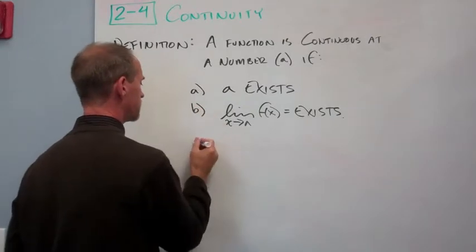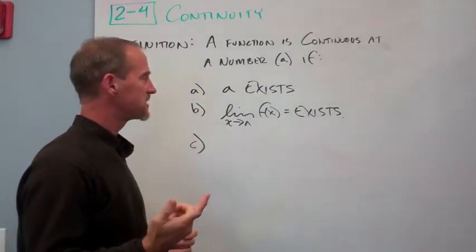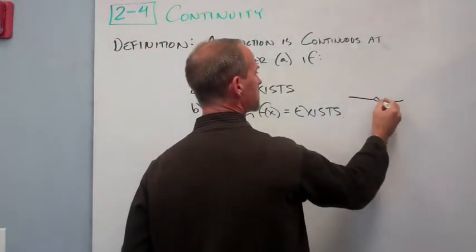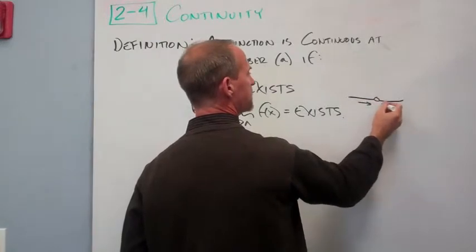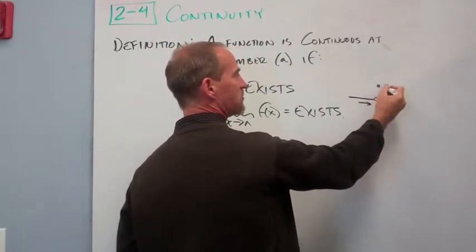Then the third part really fills in the fact that you can sometimes have those limits like you did in the quiz where you've got a hole and we can approach that limit from either side, but the function itself has a different value somewhere else.